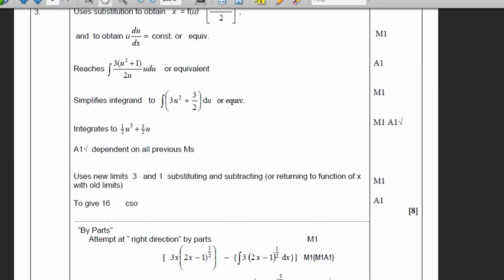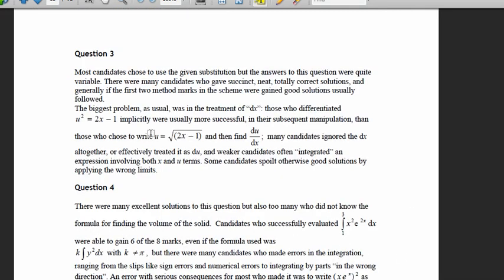After that, most candidates chose to use the substitution. That's the best idea because it's a substitution sum, but the answers to this question were quite variable. There were many candidates who gave succinct, neat, totally correct solutions. They're stressing the presentation.